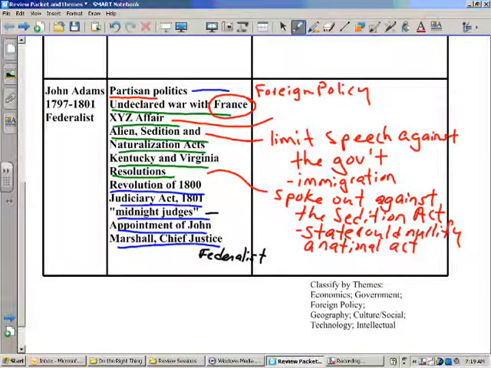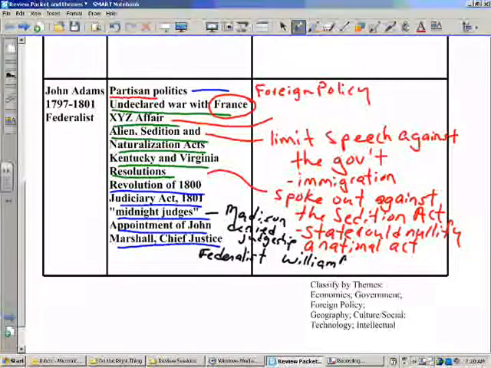And when he denies these judgeships, one of the judges, by the name of William Marbury, would sue, believing that his constitutional appointments had been denied. And therefore, Madison had overstepped his constitutional powers.